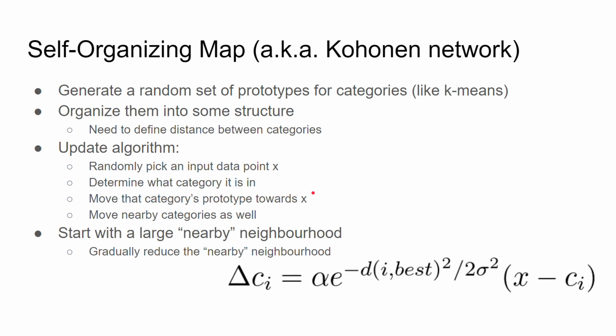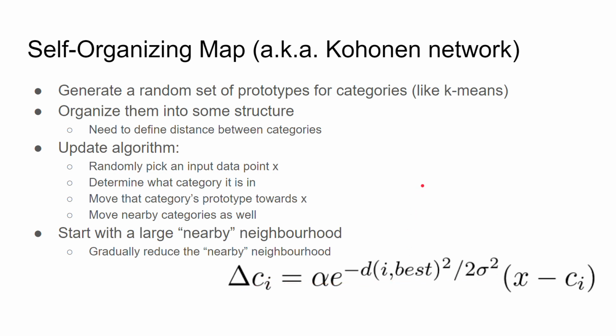So x is in some category, and that particular prototype should get moved towards x. x minus c_i is the difference between x and that category, and then we scale that a little bit. That's what we're going to update.